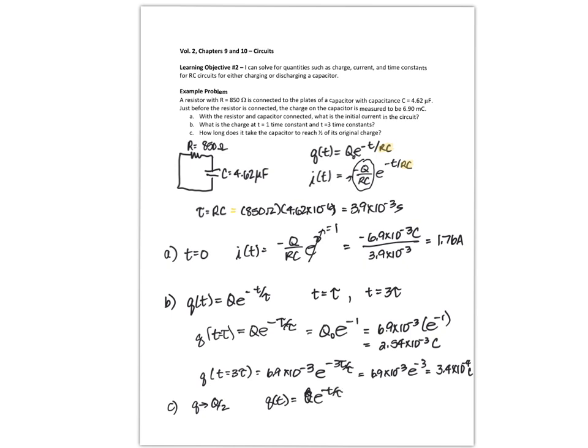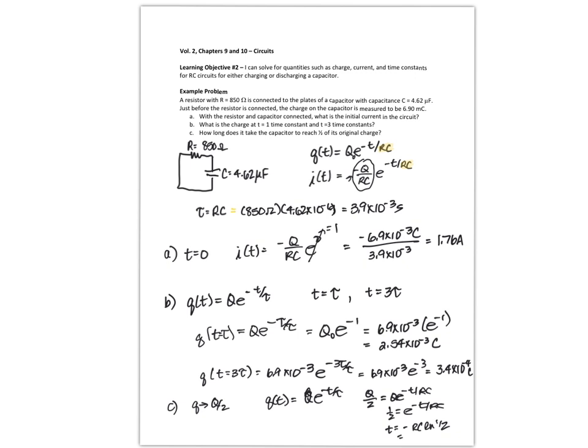And so I'm going to say I want this Q to be Q over 2 equals Q e to the minus t over RC. I'm going to divide both sides by Q, and I get 1/2 equals e to the minus t over RC. And I'm going to take the natural log of both sides, and so eventually I'm going to solve for t equals minus RC natural log of 1/2.